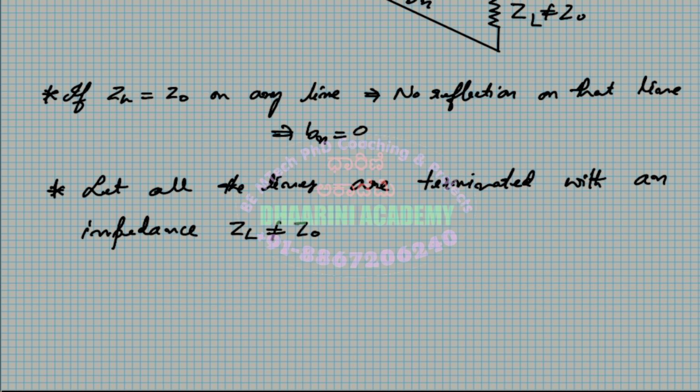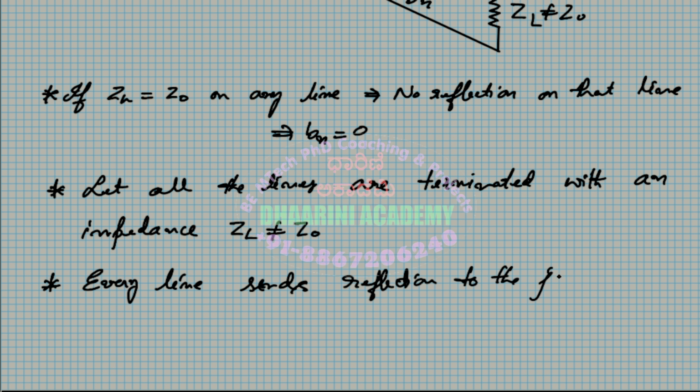In such a case, we can see that there will be reflections into the junction from every line. Every line sends reflection to the junction.